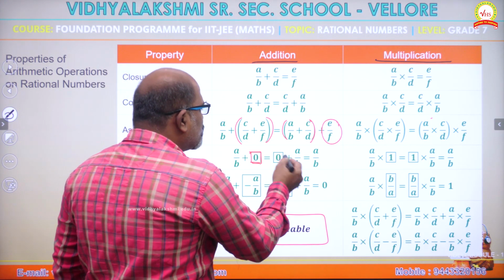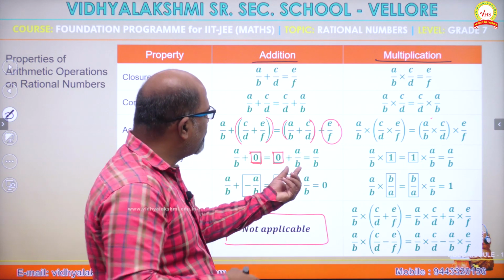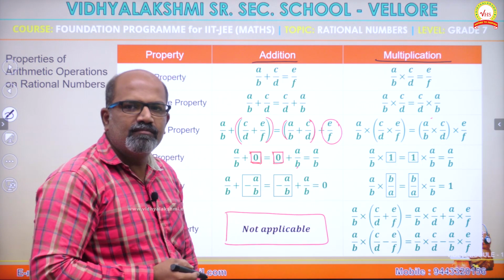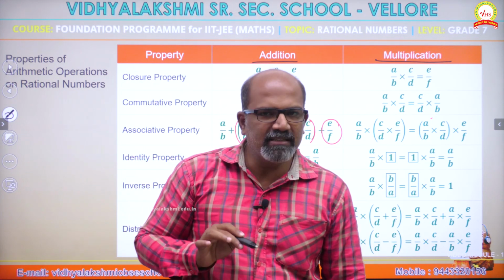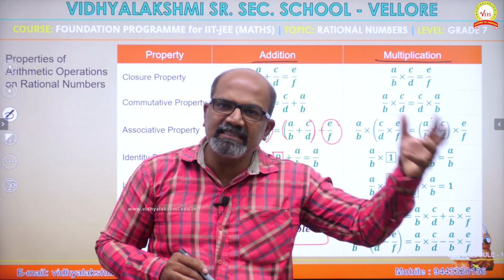Also when you add in the reverse order, that some number when added with this a by b, we have to get the same a by b. See, for example, I am taking 2 by 3. With 2 by 3, what will you add to get the same 2 by 3?